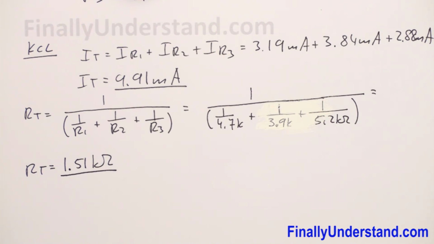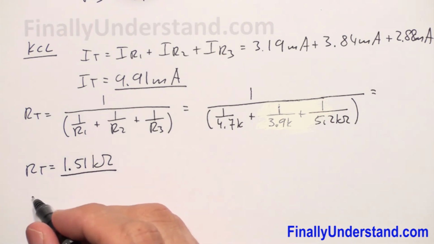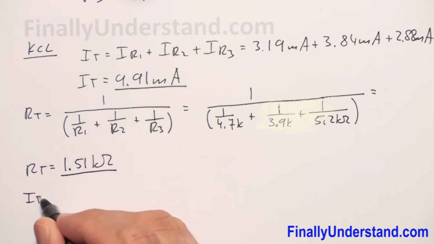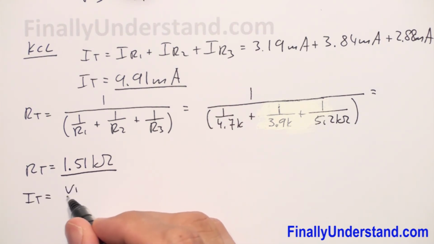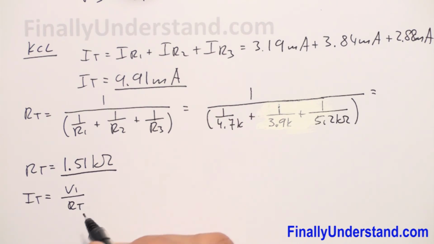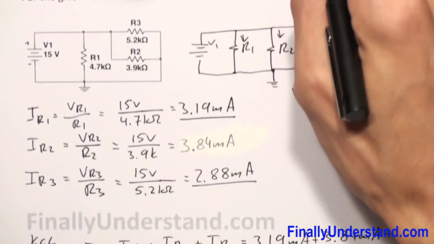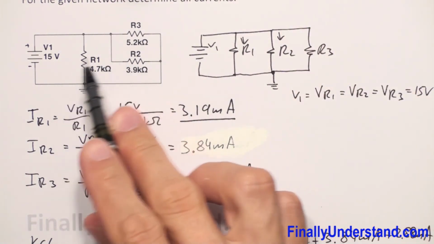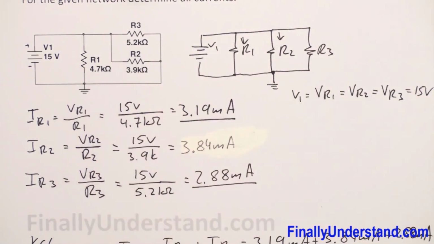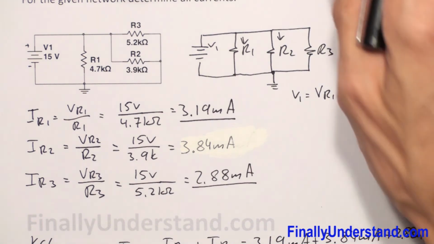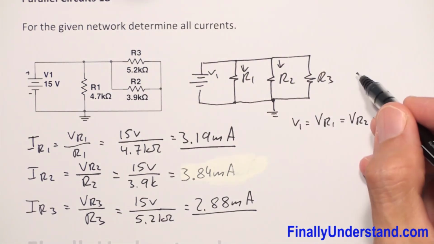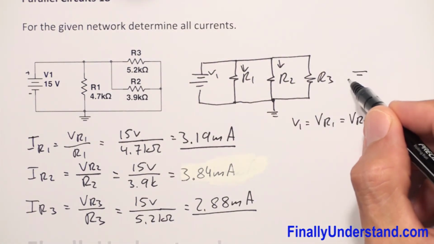Next, I'm going to find the total current. I total is equal V1 over R total. Okay, please keep in mind that the circuit, okay, this circuit which we get, we can substitute by simply one resistor.